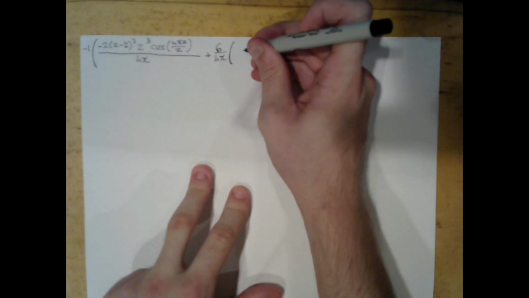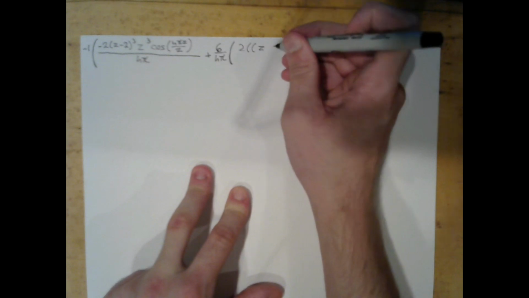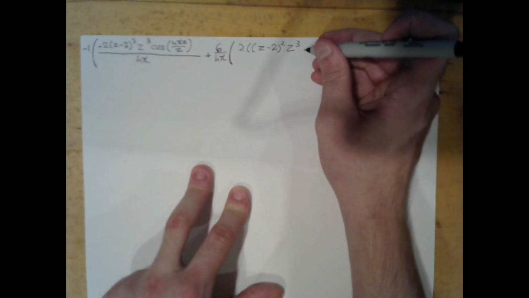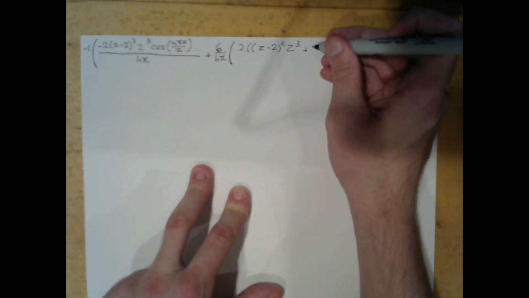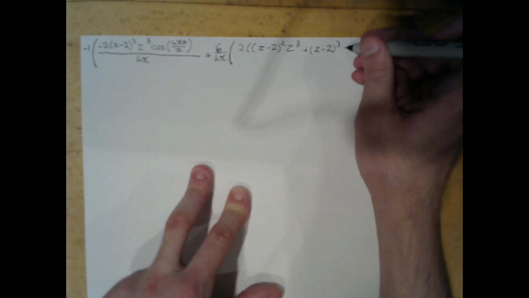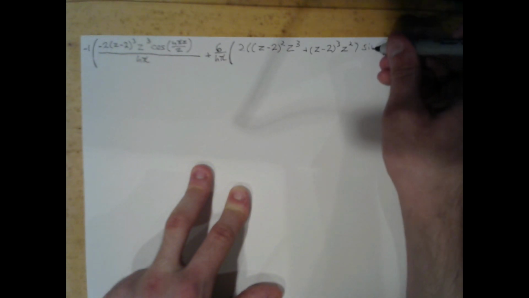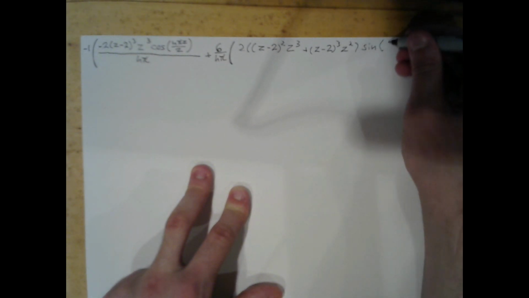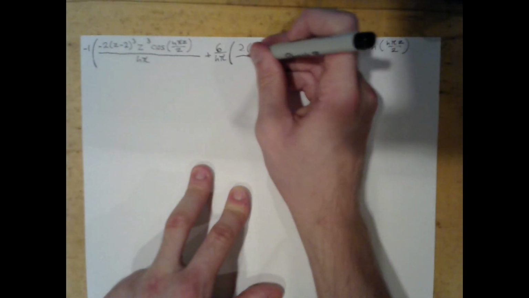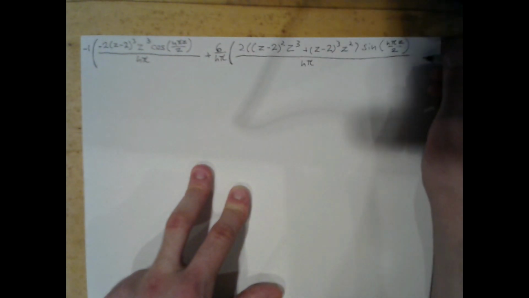So now we're going to get multiplied on the inside 2 z minus 2 squared z cubed plus z minus 2 cubed z squared, all times sinh(pi z over 2), and then this is all going to be over h pi again.